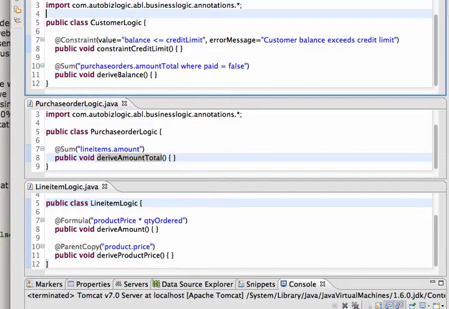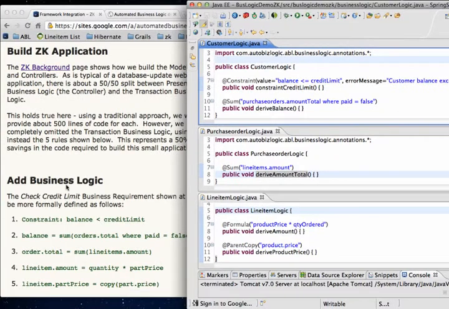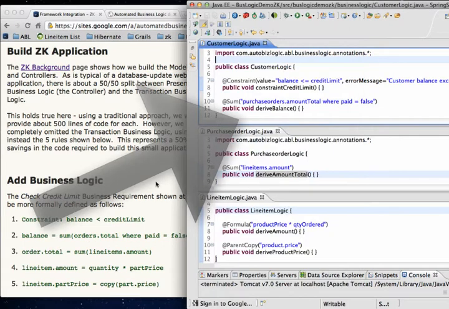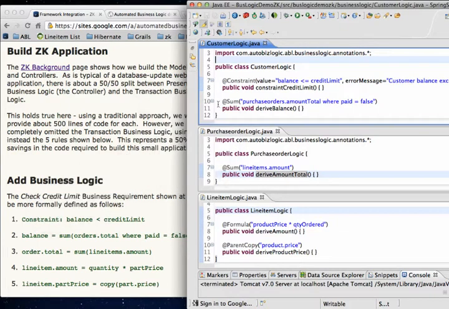Now, as so often happens, there's a stepwise definition of terms to uncover the logic. So having identified that the balance must be less than the credit limit, we might now ask, what is the balance? And a business user might answer that the balance is the sum of the unpaid order totals. How do we enter that? Again, pretty much the same way. Here is the definition of that rule.